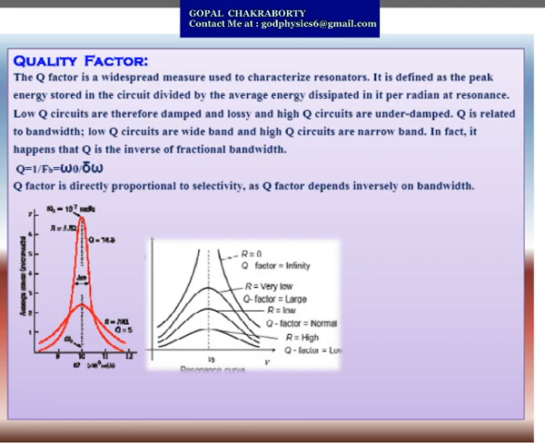Low Q circuits are therefore damped and lossy, and high Q circuits are underdamped. Q is related to the bandwidth. Low Q circuits are wideband and high Q circuits are narrowband. In fact, Q is the inverse of fractional bandwidth.